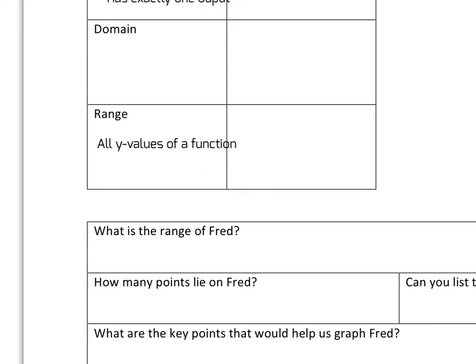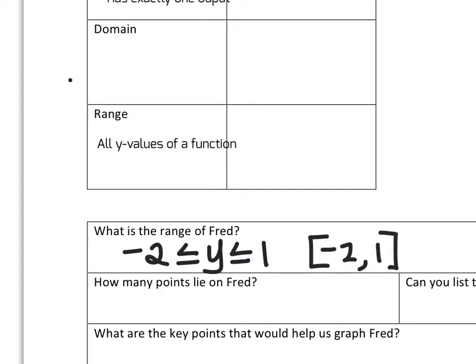There we go. I'm going to write it as an interval: -2 is less than or equal to y, which is less than or equal to 1. We could also write it in this notation: [-2, 1], with boxes on the ends because there are endpoints there, no open circles.